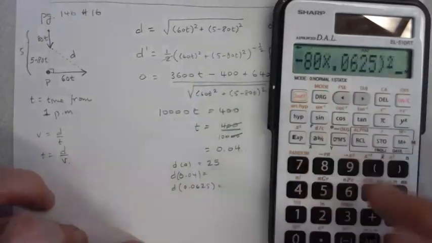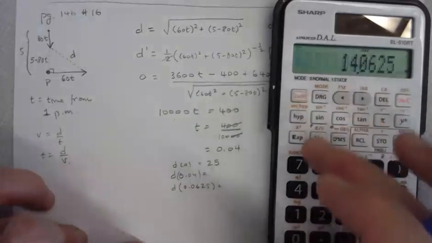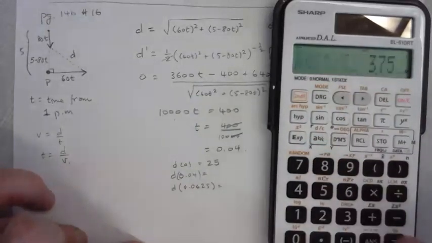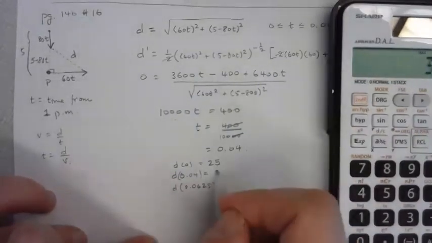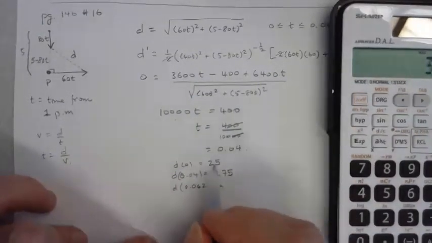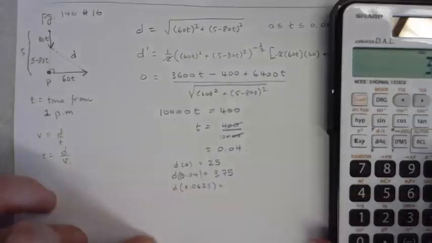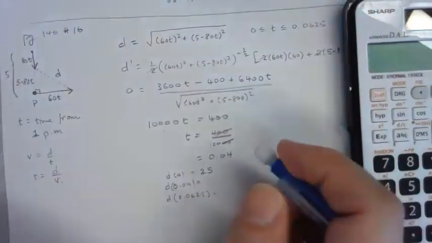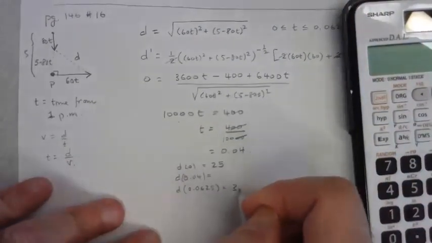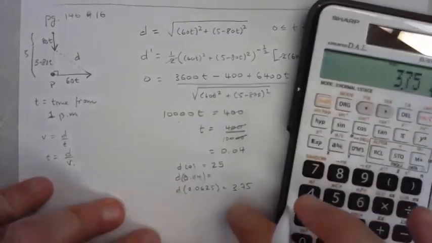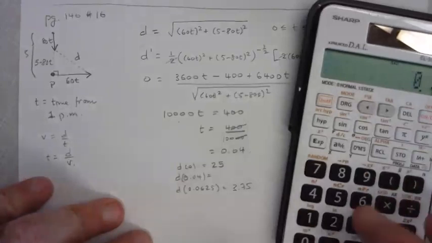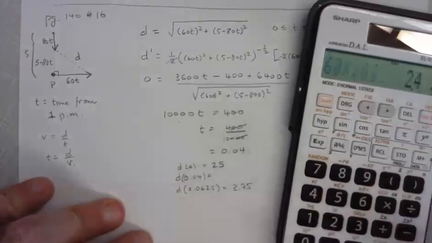Then I have to take the square root of that, so I'm just going to do it as exponent 0.5. And so here we have 3.75. So I did the endpoints, and obviously that's much closer. And now let me do 0.04. So 60 times 0.04 squared.